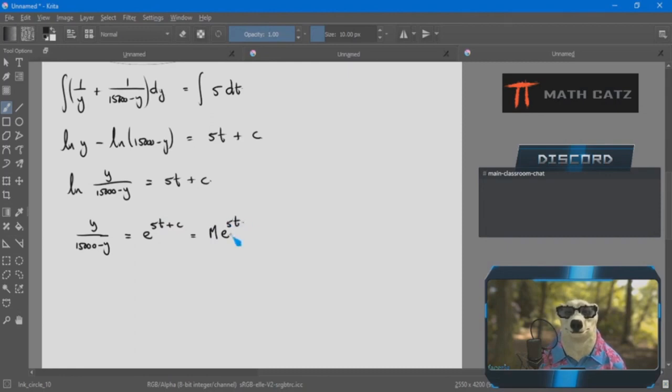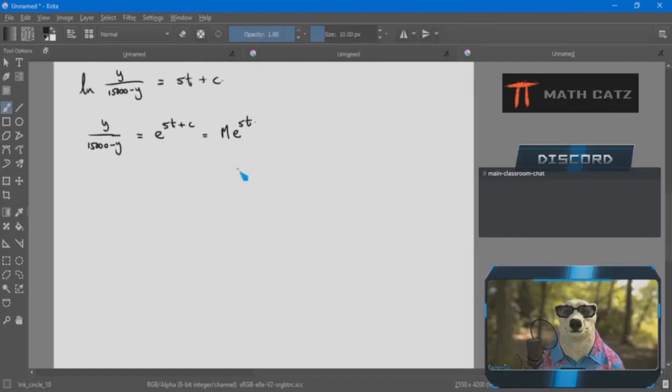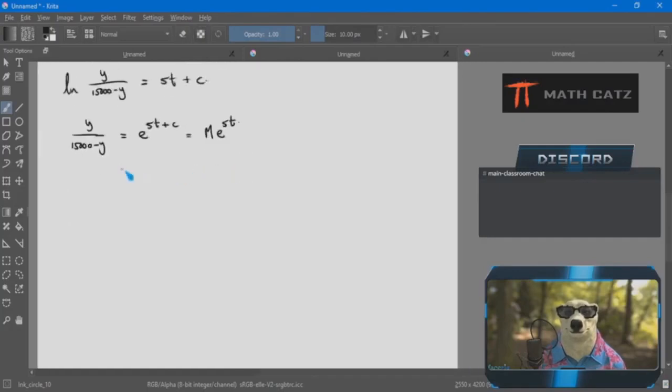I'm going to go for a more convenient integration constant. And at this stage, it might be handy, before I bother solving for y, to use my initial value to find this integration constant. So if I plug in 1,000 for y, I have 14,000 in that denominator. That's going to be m times e to the 5 times 0, which is, of course, not 0, you goof, 1.